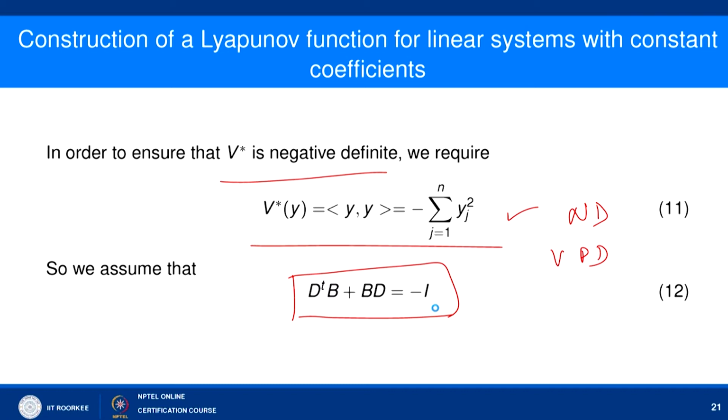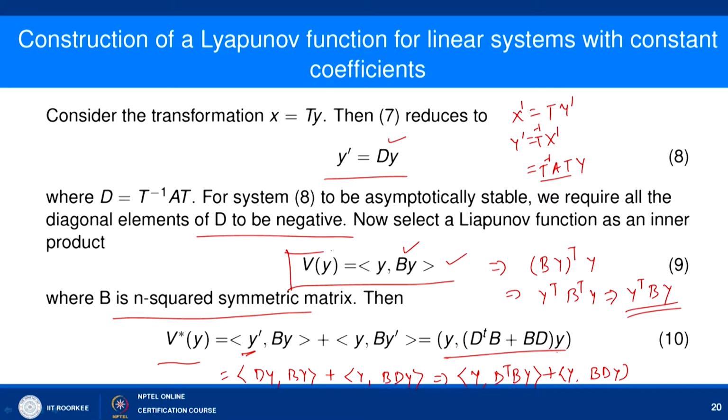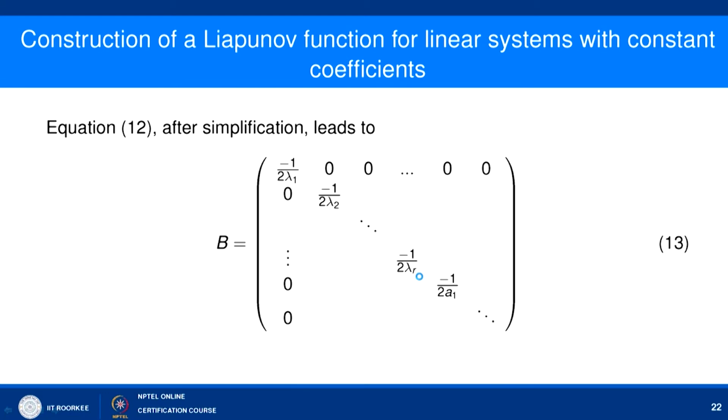Now, once your B is given, we can find out the Lyapunov function like this. If you solve this, then equation 12 after simplification leads us to B being, looking only at the diagonal terms, minus 1 upon 2 lambda 1, minus 1 upon 2 lambda 2, and up to minus 1 upon 2 lambda r, which is already given here, and then we have the diagonal entries corresponding to complex terms.